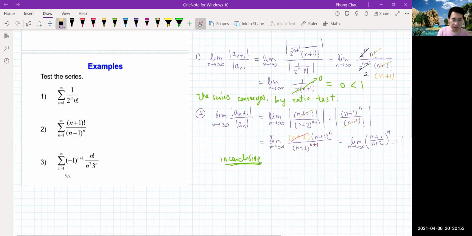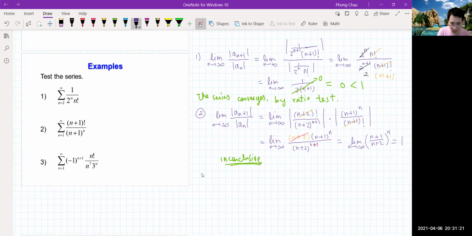And finally, example 3. You see, this one is an alternating series. However, the alternating series test cannot be used, or it's very hard to use, as you're trying to test these terms over here, whether the limit approaches 0 or whether it's decreasing.